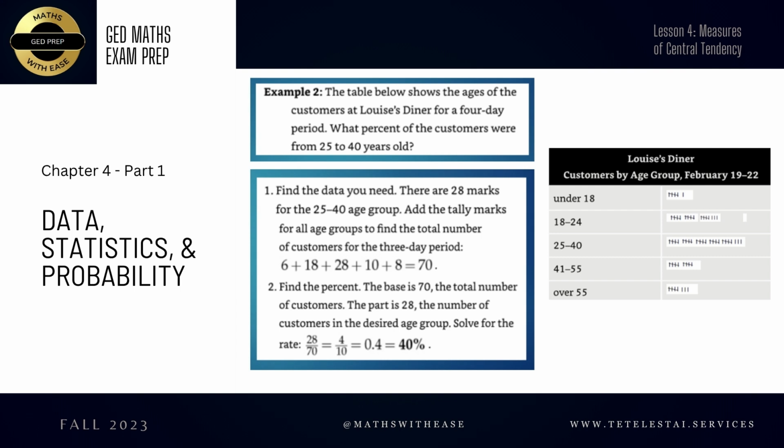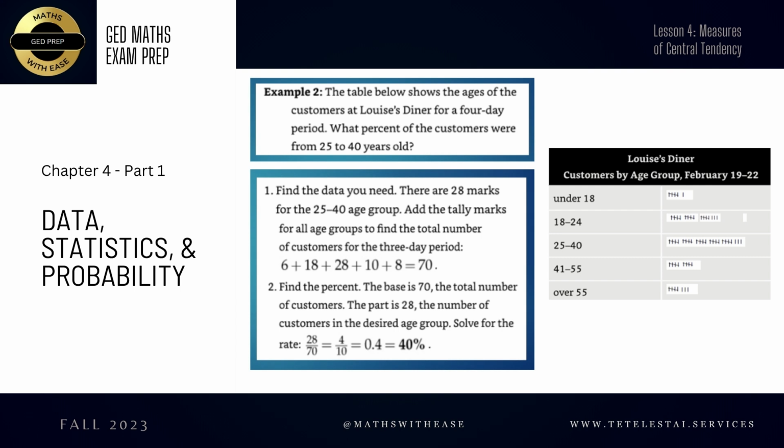you would find the percentage by dividing the part by the whole. And we know that the part is 28 based on the number of tally marks next to our 25 to 40 age group. And we got our whole how? By adding all the tally marks, okay? So 28 divided by 70, you can reduce that to 4/10.